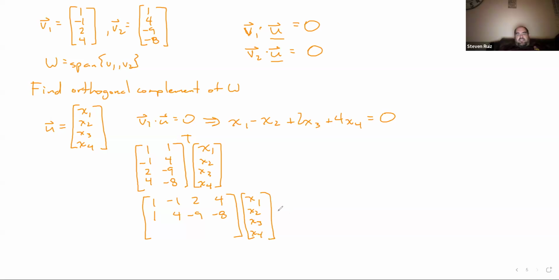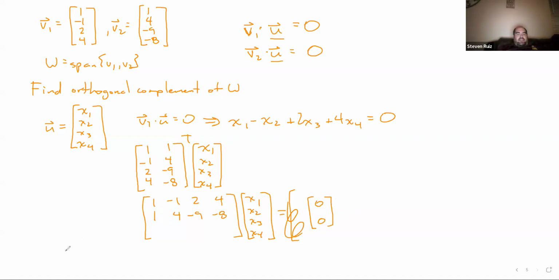And when I multiply those things together, what I want is this. I keep making things the wrong size. The result gets 0, 0. So basically what I want is the null space of this 2x4 matrix. I want to know what combinations of X1, X2, X3, and X4 are going to give me the 0 vector.